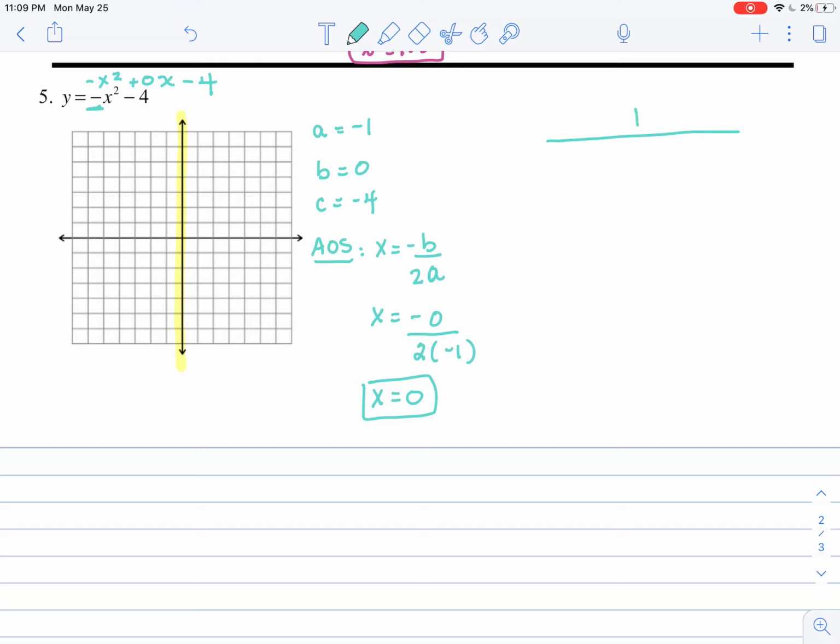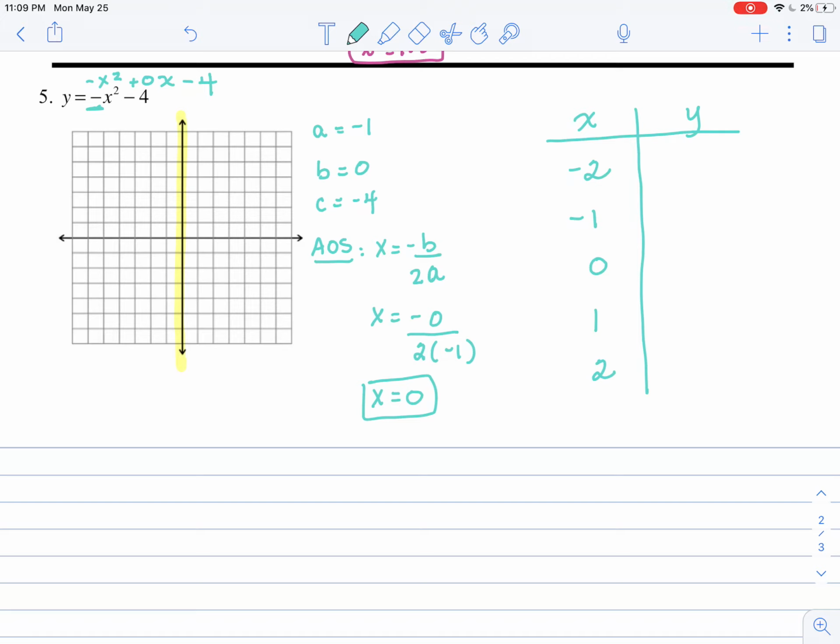So here's our axis of symmetry. Now we create our table of values, x and y. We always put the number we just found for the axis of symmetry in the middle of our table of values. Choose 2 numbers below that. So below 0, I'm going to pick negative 1 and negative 2. Above 0, I'll choose 1 and 2.